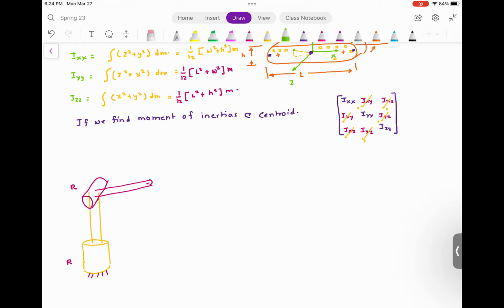Now to solve this problem, first we have to draw the kinematic diagram.